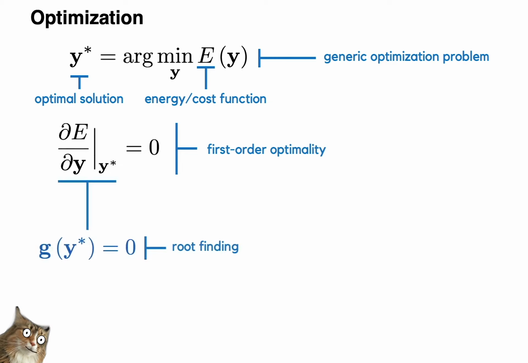Our gradient is nothing more than a function of which we are trying to find a root, and this establishes a relationship between minimizing a particular objective and solving a particular root finding problem.